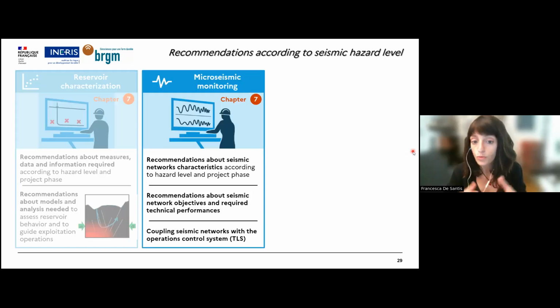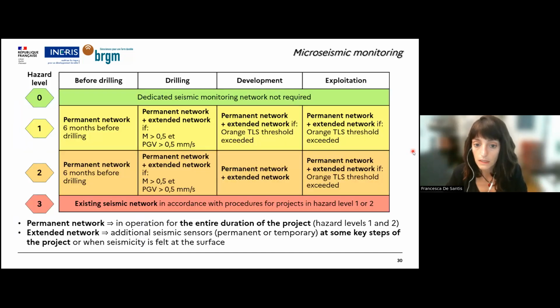The other group of recommendations is related to microseismic monitoring. So basically, again, what we have done is to propose a strategy about microseismic monitoring according to the hazard level and the phase of the project. And for microseismic monitoring, this chart summarizes the main recommendations that we have proposed. So basically what we propose is that for hazard level higher than 0, we need to install seismic networks.